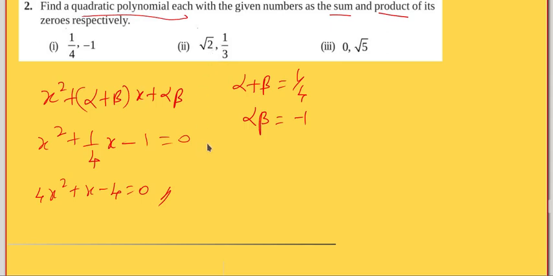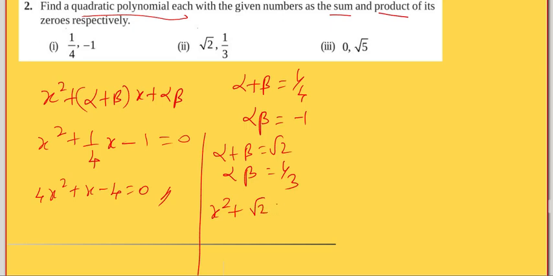Come to the next problem. Here what are the sum of the zeros and product of the zeros? Alpha plus beta equals root 2, alpha beta equals 1 by 3. Let me substitute. So x square plus (alpha plus beta, which is root 2) x plus alpha beta, which is 1 by 3, equals 0. One number has the denominator 3, so we take the LCM and multiply this 3 with the other terms.